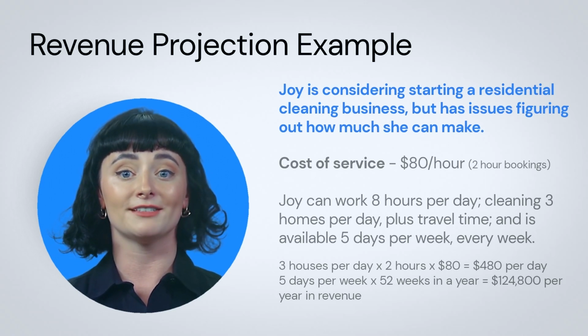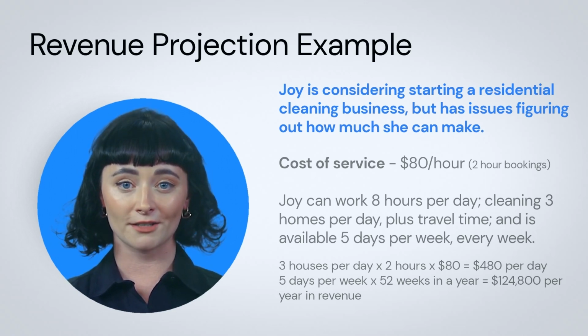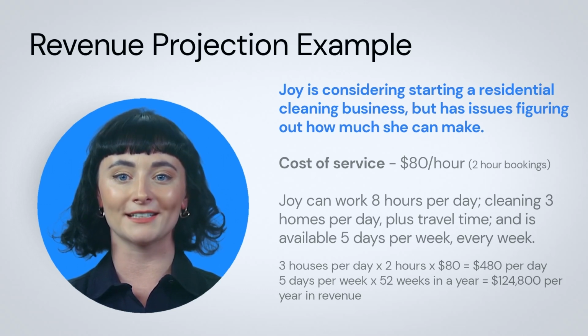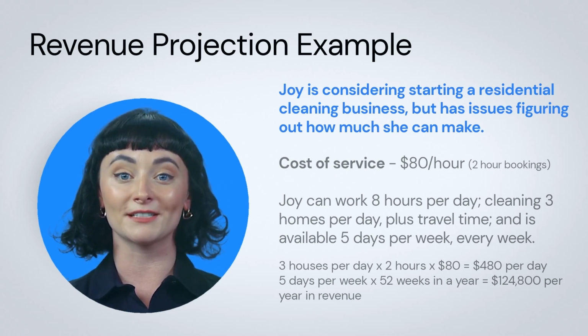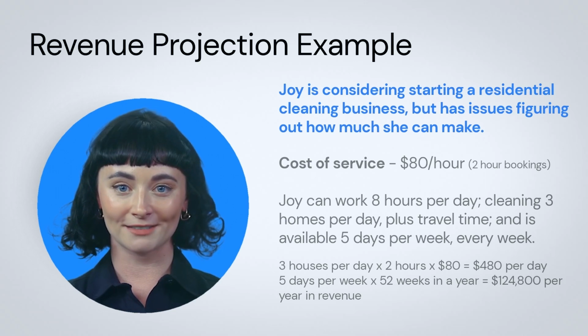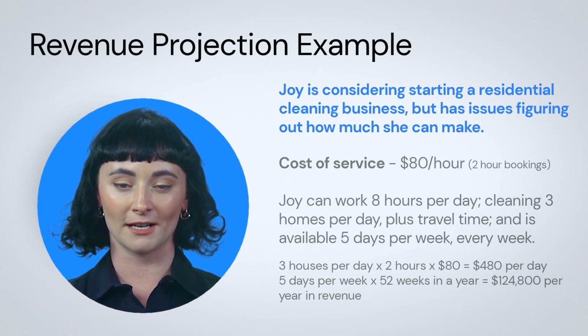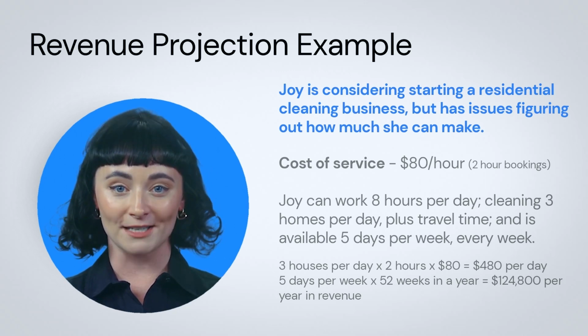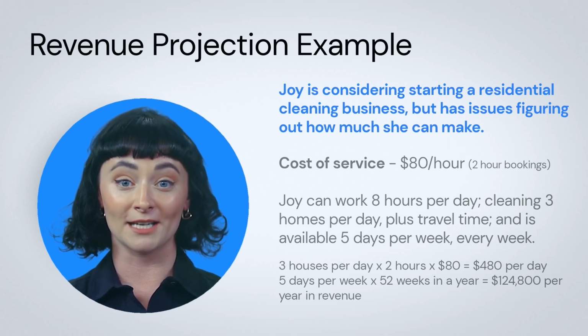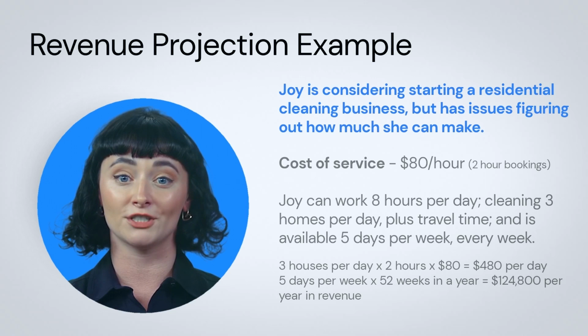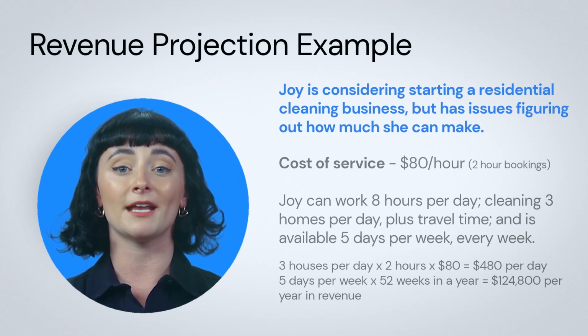Joy doesn't want to take any days off, at least not in the first year as she develops her business, so her projections should be with the assumption that she is working Monday to Friday every week of the year. So let's look at the formula that you can also use for your own business. Joy can clean 3 homes per day and charges her customers in chunks of 2 hours at a $80 per hour rate.